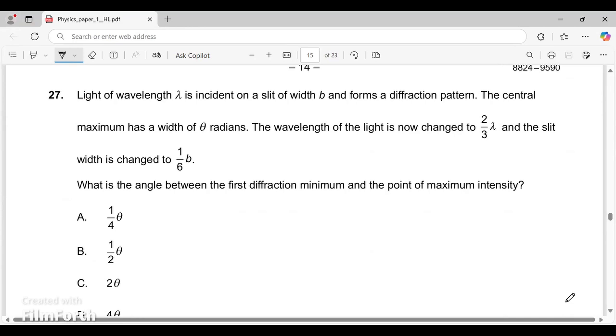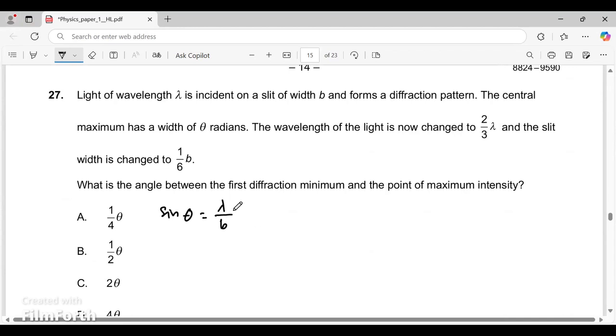I would like to start with the rule that sine theta equals lambda over b. In this case, the width of the central maximum theta is defined as the angular distance between the first minima on either side of the central maximum.